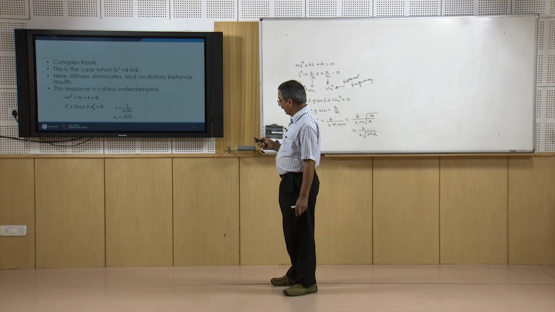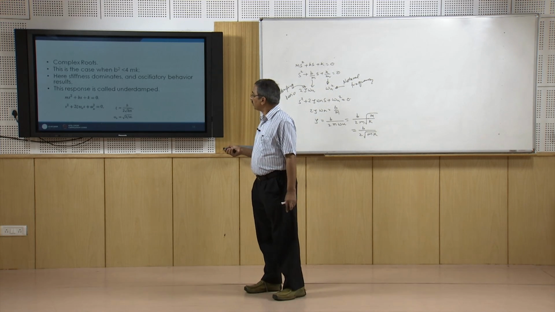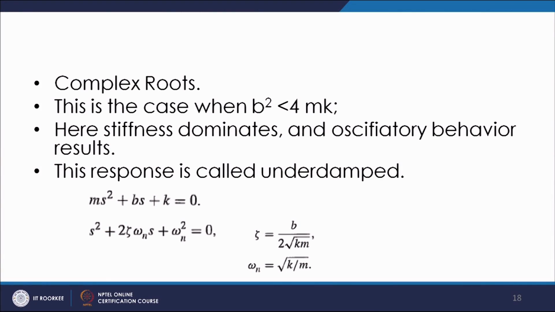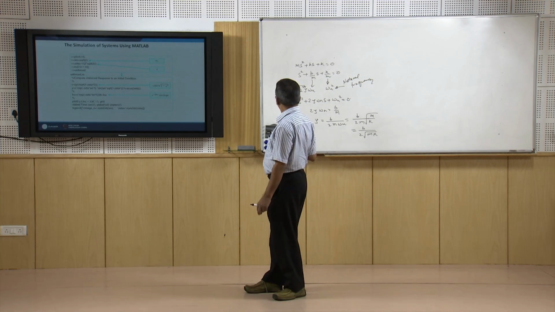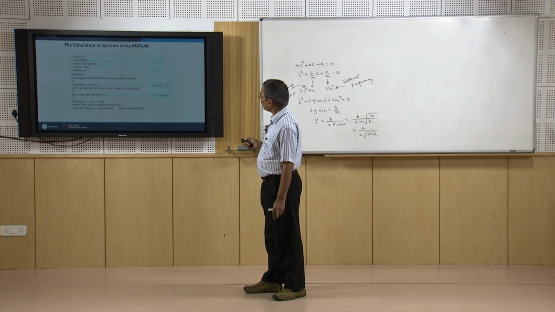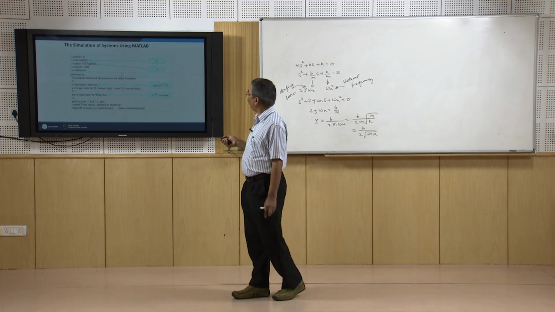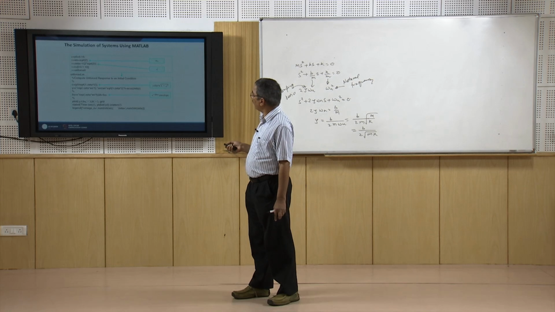Now, we can get the solution for this equation. We can get the general solution for this equation, and that general solution will be of this form, the one which I have just written here.